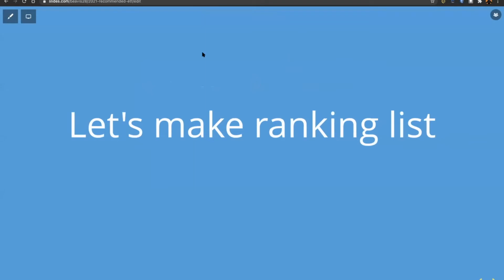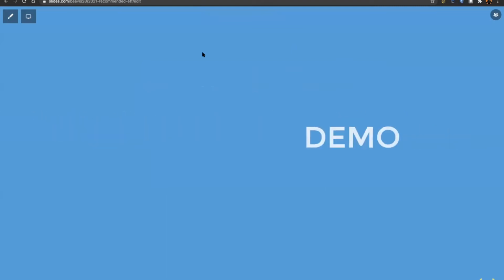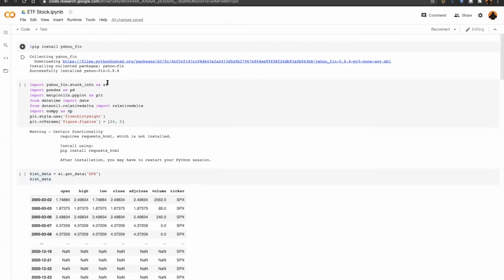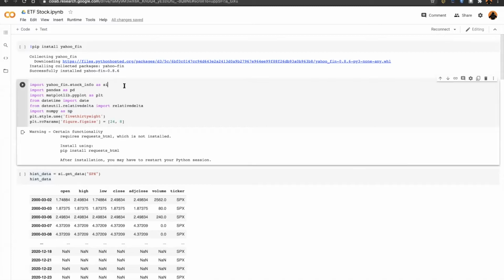Okay, so let's make a ranking list. I grabbed that list, and based on it I tried to make a ranking. So here is how I made it. If you know my last session, I always use Yahoo Finance. I can just install yfinance from pip. Then I also import pandas, numpy and all of this stuff.